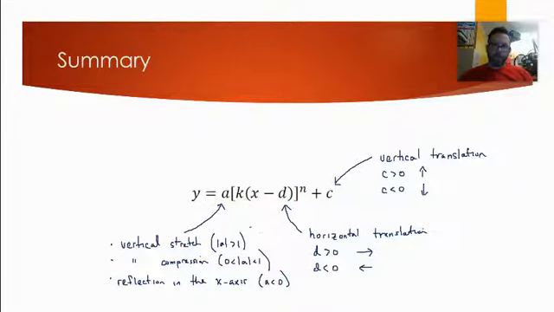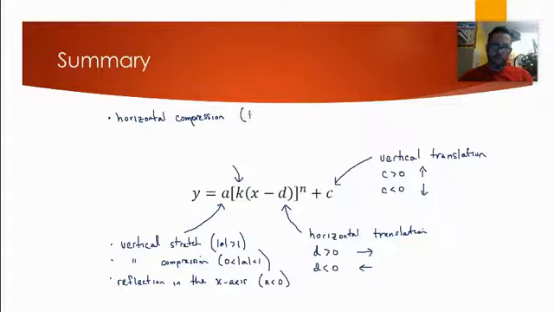And then finally, summarize for K. So what could this tell you? Horizontal, I was going to write vertical. Horizontal stretch or compression. But what we reviewed was if the size of the number K is bigger than 1, it actually gives you a compression.